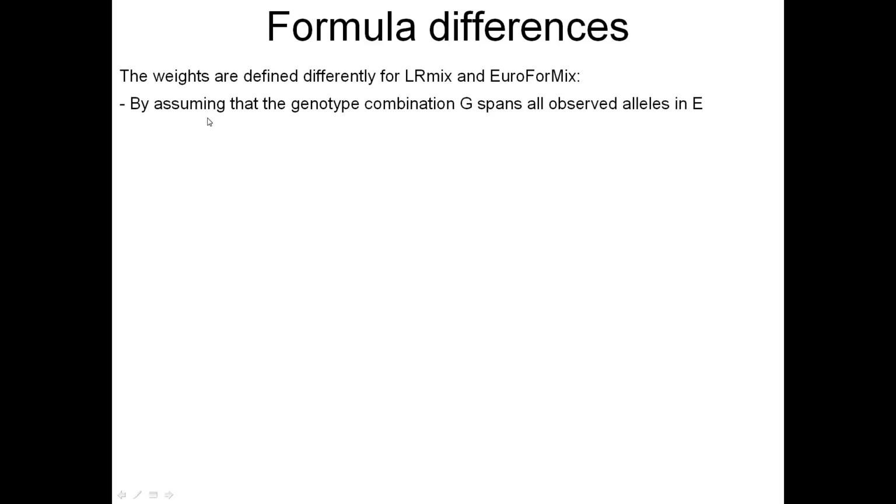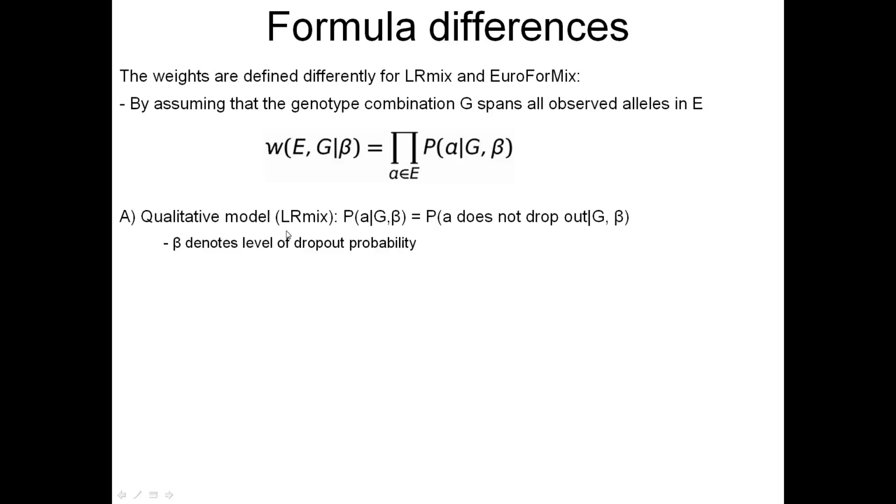So by assuming that the genotype combination G spans over all observed alleles in E, we can write the weight here as the product over all the alleles in E. So for the qualitative model, this probability is the probability that allele A has not dropped out given the proposed G, and where the model parameter beta is the dropout probability.